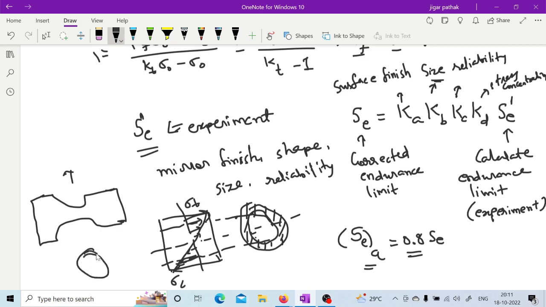Here your component is circular, so in some cases you need to first calculate the equivalent diameter, and then you can proceed to modify your endurance limit. As size increases, the discontinuities and voids that are present may also increase with size. Are you getting it?